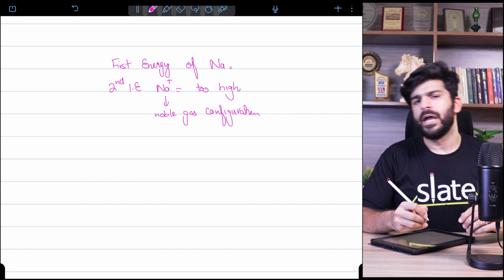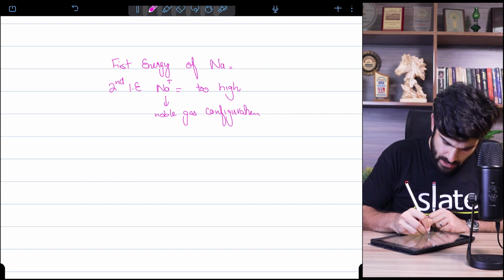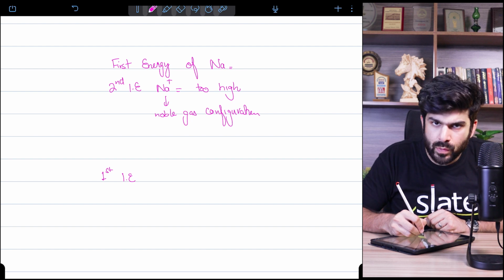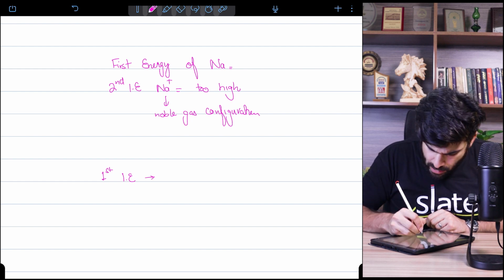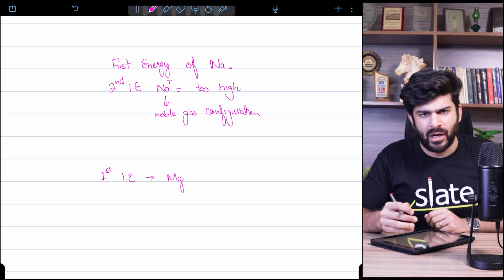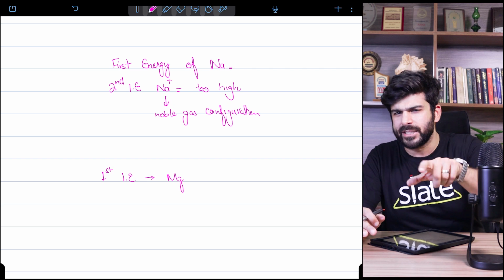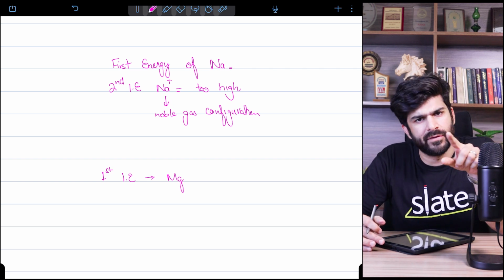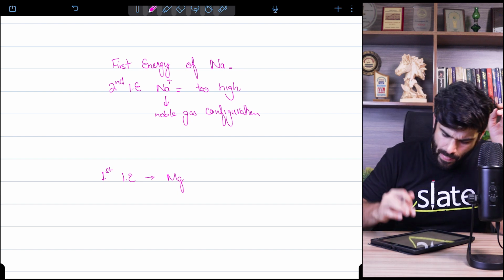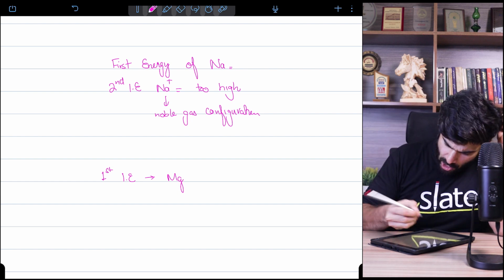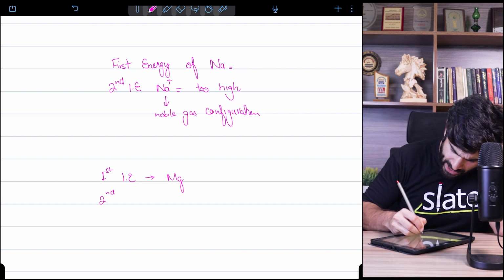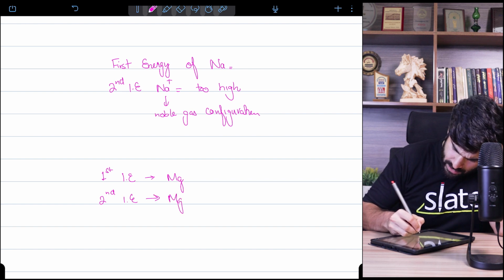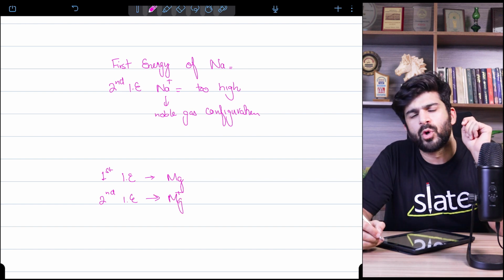On the contrary, if I'm talking about magnesium, magnesium will have a first ionization energy value and that would be a normal value. We will just talk about the values later in this lecture because you do not need to memorize the values, they're given. So, first ionization energy of magnesium, second ionization energy of magnesium ion, this will be magnesium's monopositive ion.